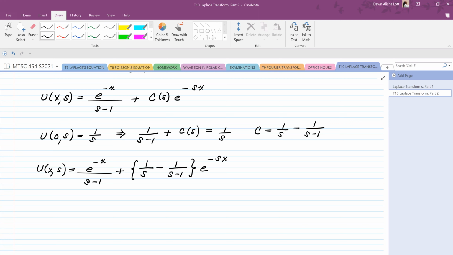All right, so now I need to take the Laplace inverse transform.